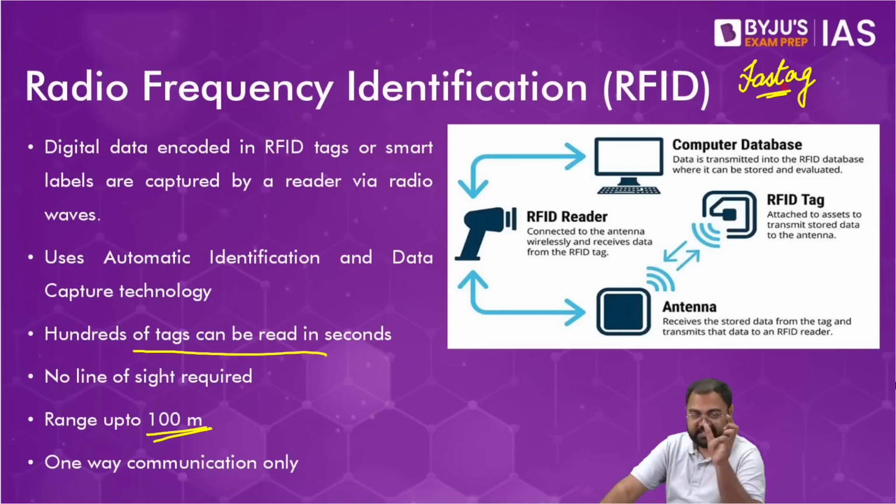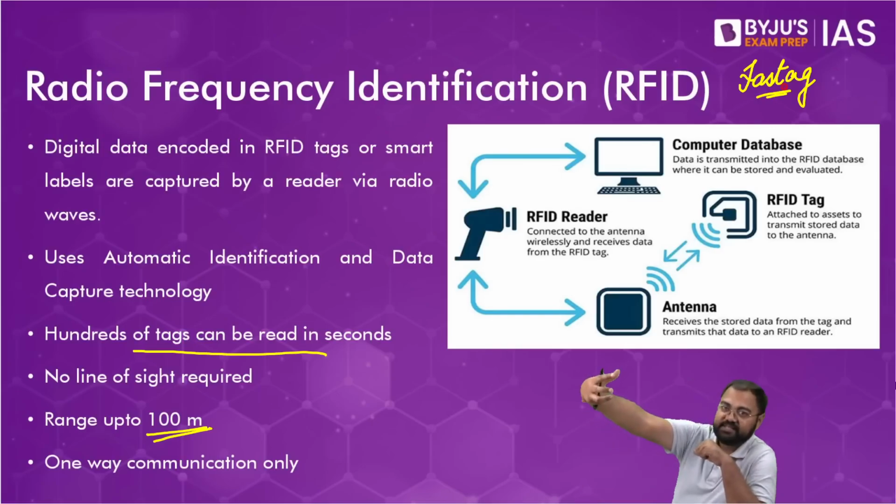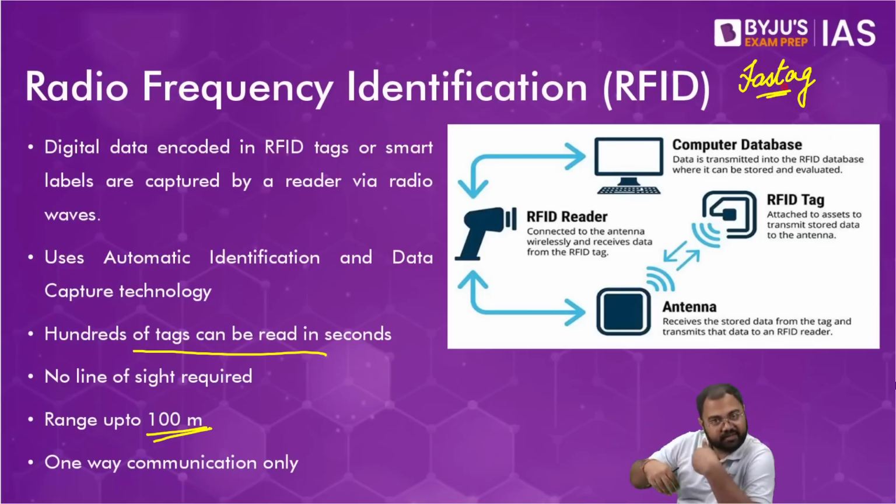FASTag is RFID based: a reader is placed in front and it detects the RFID tag pasted on the vehicle and takes the payment, so a seamless flow of traffic can be established at these junctures. This is how FASTag works in these scenarios.